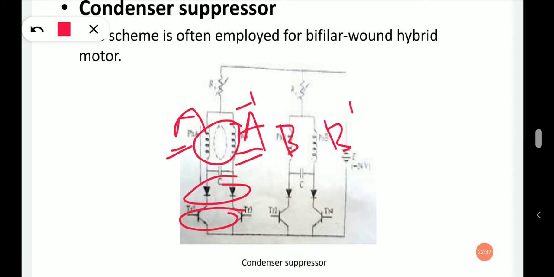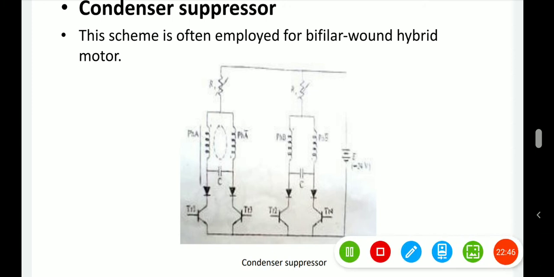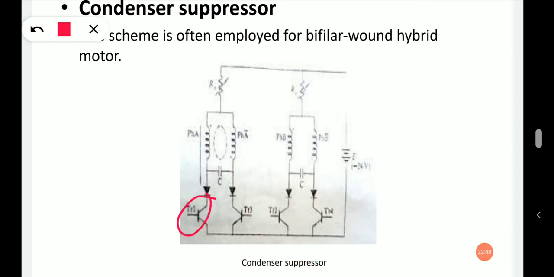Okay, let us see the situation just after TR1 is turned off. So here TR1 is turned off. In the one phase on mode, either TR2 or TR4 will turn on.